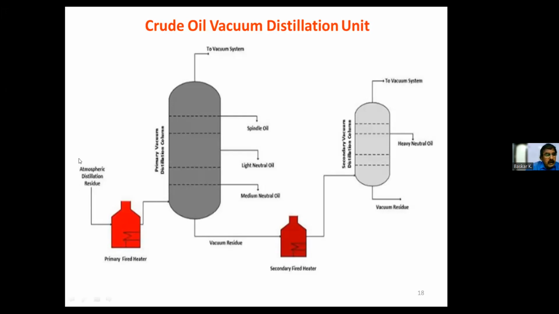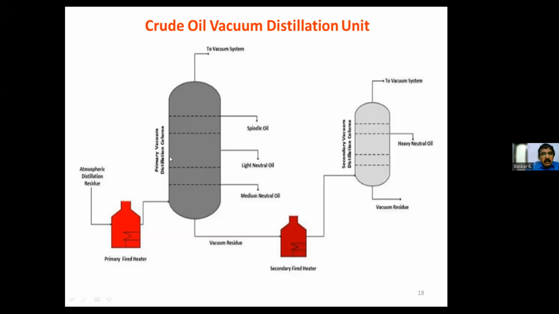So this atmospheric distillation residue comes from the atmospheric tower, goes to the heater for heating, and goes to the primary vacuum tower, where vacuum is maintained through an ejector system, around 600 mm AG of vacuum. In the same way as our distillation column, we maintain a different temperature profile here, with lower temperature for spindle, light neutral and medium neutral.